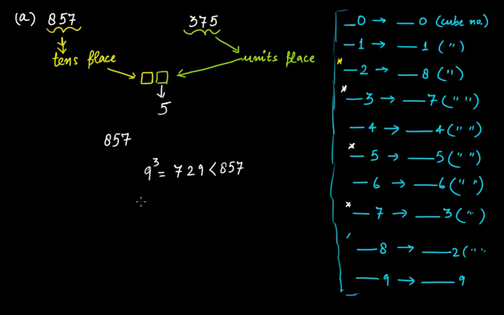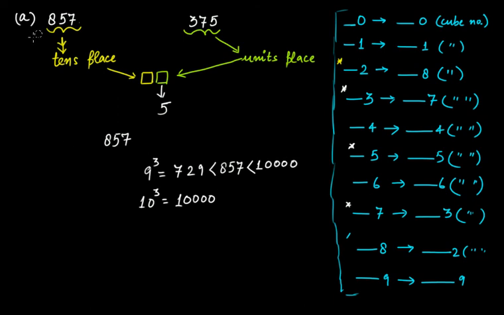Now tell me, what is 10 cubed? 10 cubed is 1, 2, 3 and 4, right? 1,000. So 857 is less than 1,000.